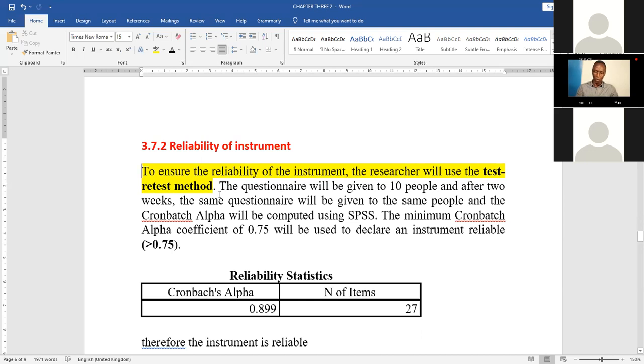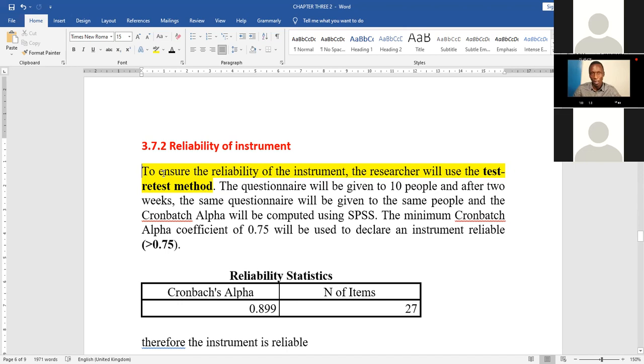So you're supposed to give out questionnaires to the people. People fill them in and then return them to you. Let's say you give out 10 questionnaires. After they return them to you, you enter those questionnaires into the SPSS program.